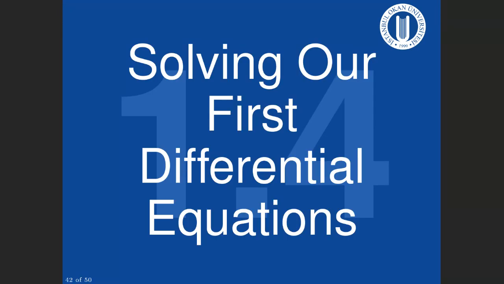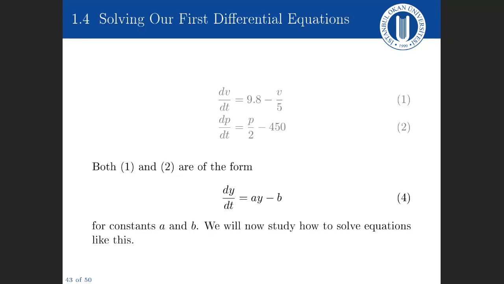Our final section for today, I want to solve our first differential equations. In particular, I want to look at the falling object equation and the mice and owls equation. The falling object equation was dv dt is equal to 9.8 minus v over 5.